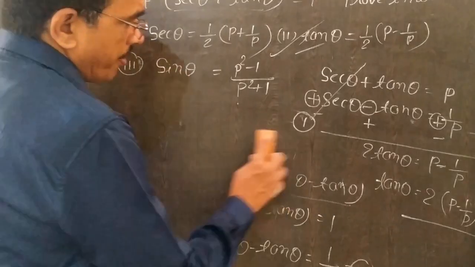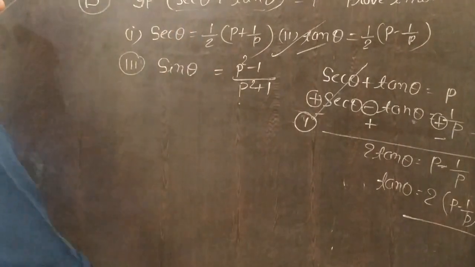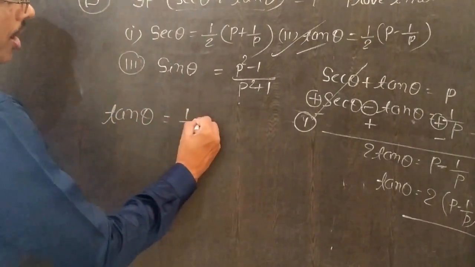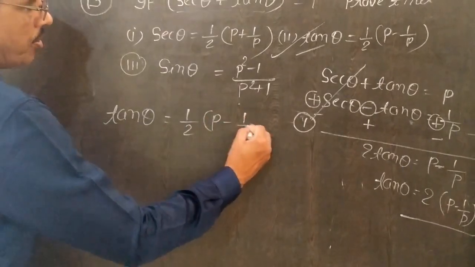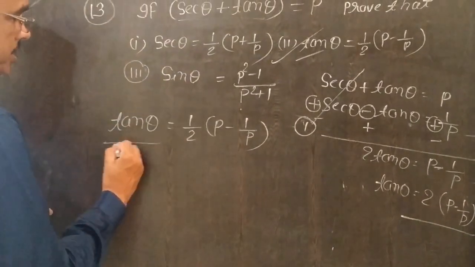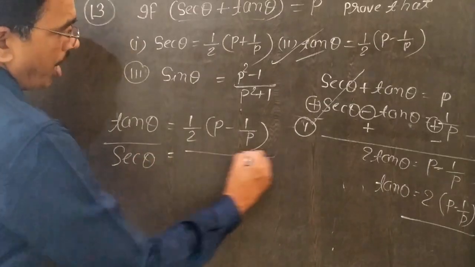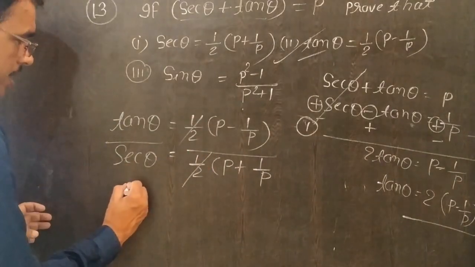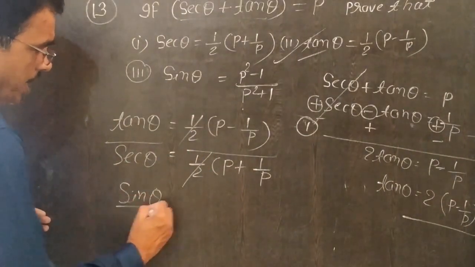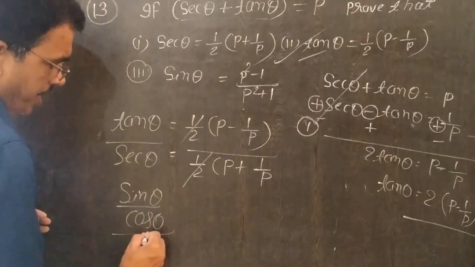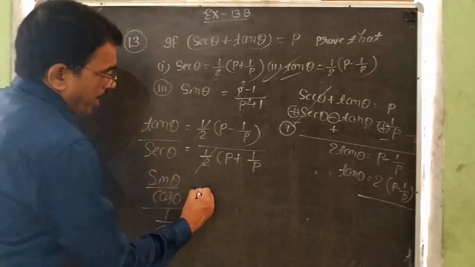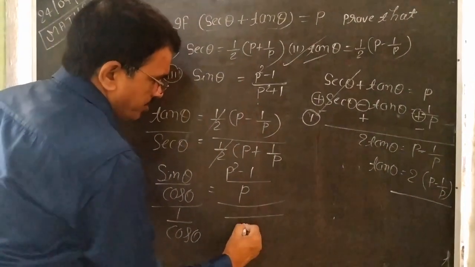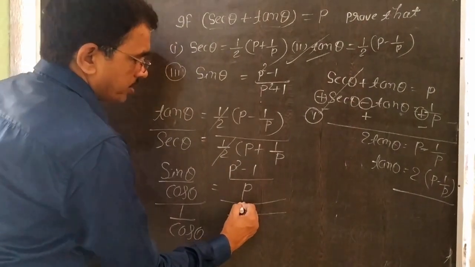In the third, no problem. Both equations you divide, then you get the value of the third. How? First you write tan theta is equal to half of p minus 1 by p, divided by sec theta is equal to half of p plus 1 by p. This half will be cancelled, and tan theta is written as sin theta by cos theta, and it is 1 by cos theta. And here the LCM with p is p squared minus 1, and here the LCM with p is p squared plus 1.